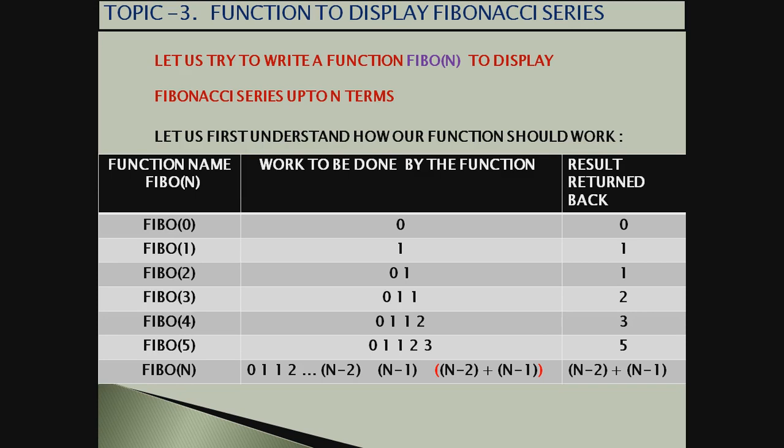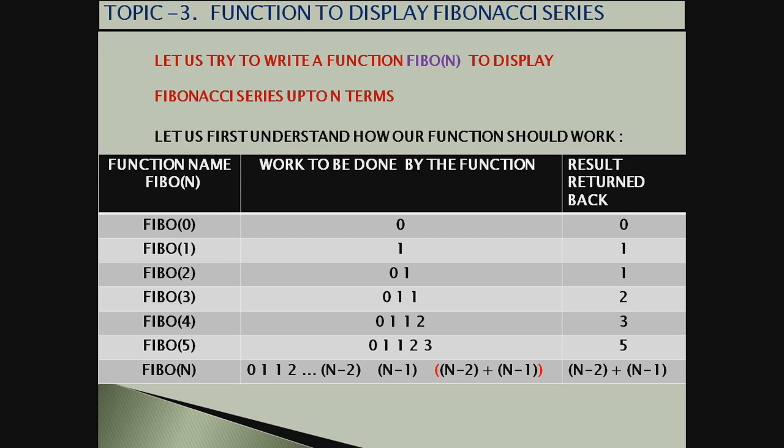What do we have to do? When Fibo 0 works, we want to display 0. When Fibo 1 works, we would display 1. But when Fibo 2 works, we have to display 0 and 1 both. Why? Because 2 is in n and it means n has 2 terms.